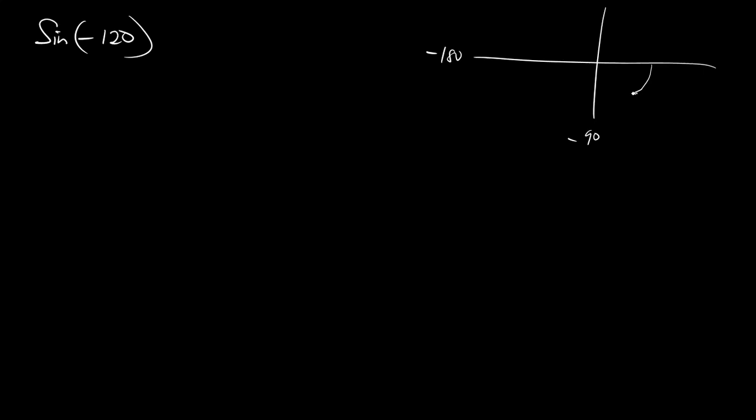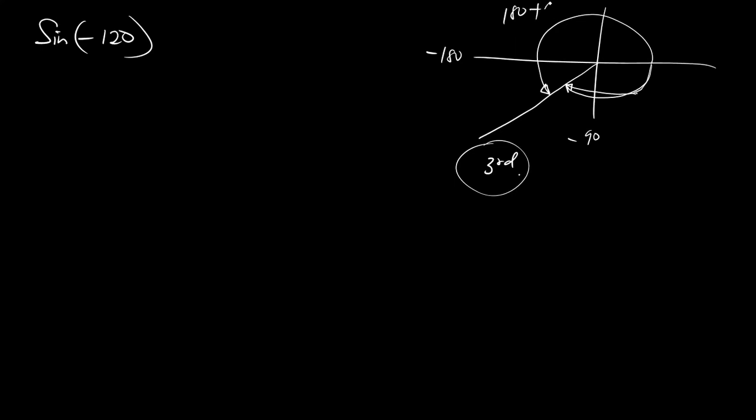So it will fall on the third quadrant. So this is negative 120. So it falls on the third quadrant. So from here, defining it from here is 180 plus theta. So from here, 180 plus theta. So what?